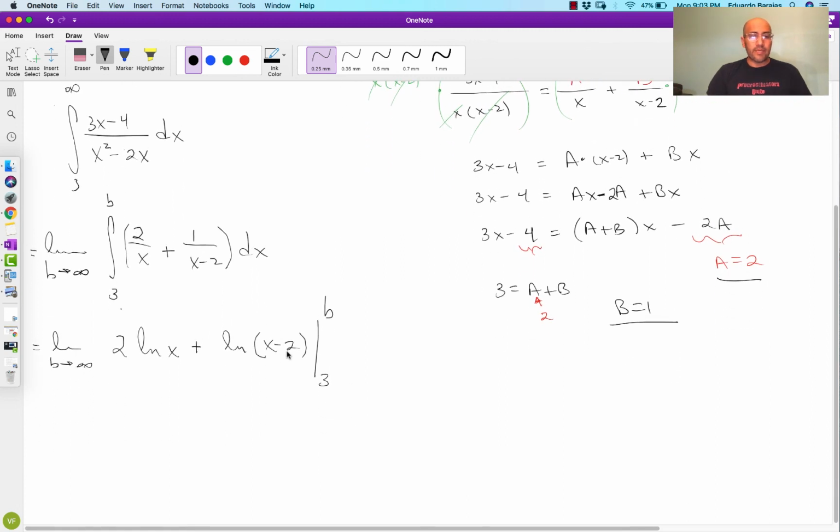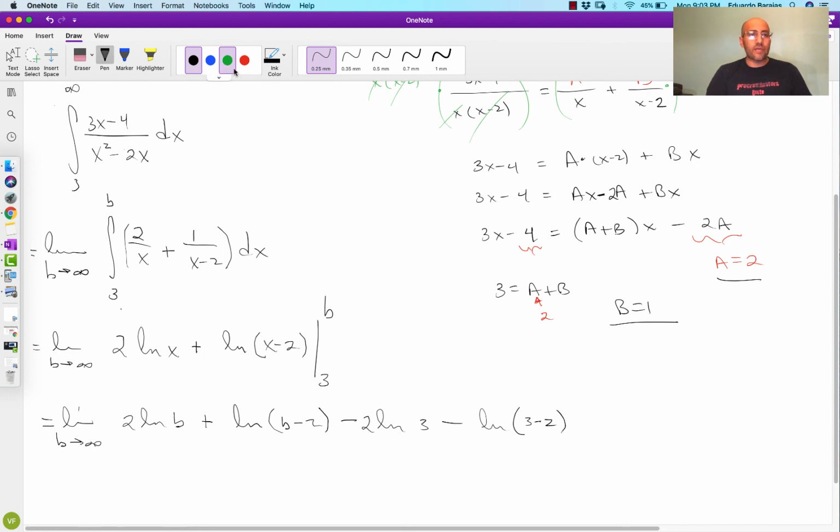Okay, so plugging in b's and then plugging in 3's, we end up with the limit as b goes to infinity of 2 ln of b plus ln of b minus 2, minus 2 ln of 3, minus ln of 3 minus 2.